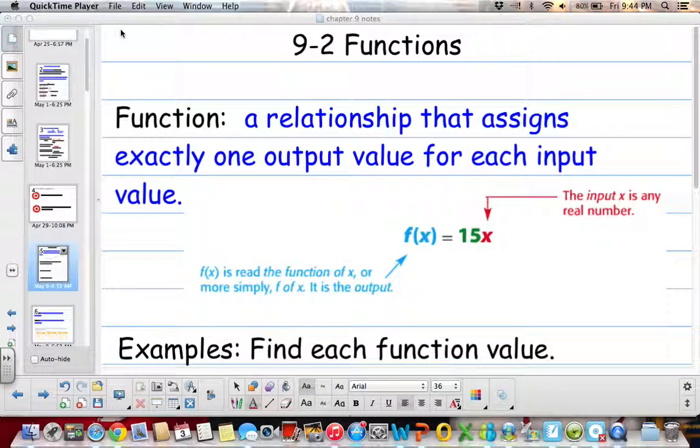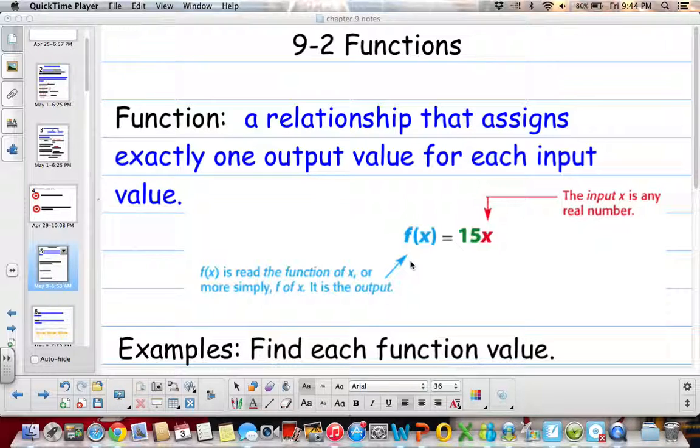So a function is a relationship that assigns exactly one output value for each input value. This right here is an example of a function, and we would read it, the function of x equals 15x, or we could just say f of x equals 15x. So x is the input.